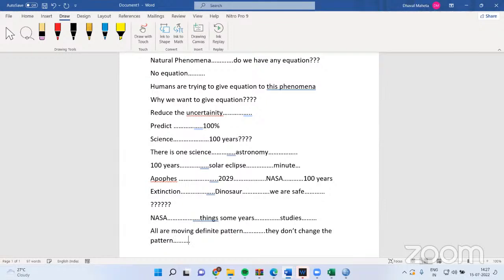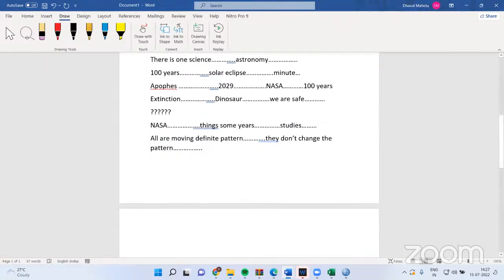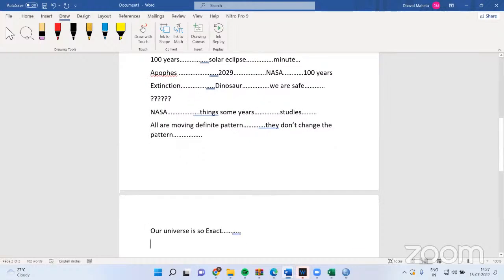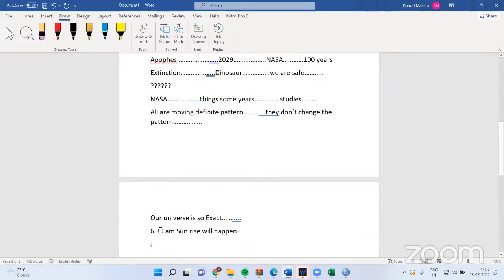Just think sometimes how exact our universe is. Exact in the sense that 6:30 a.m. sunrise will happen. In the month of June, rainfall will happen. Who is deciding this? Just think over this.